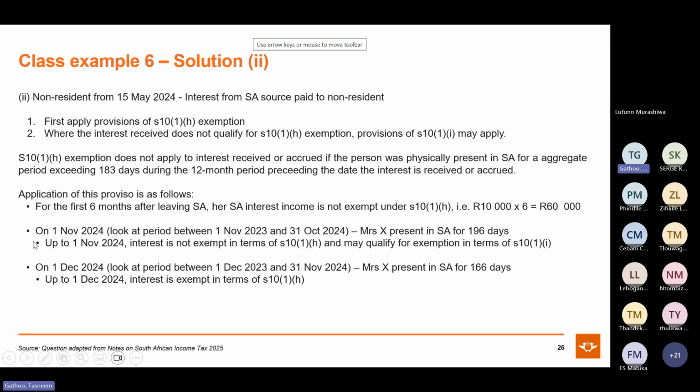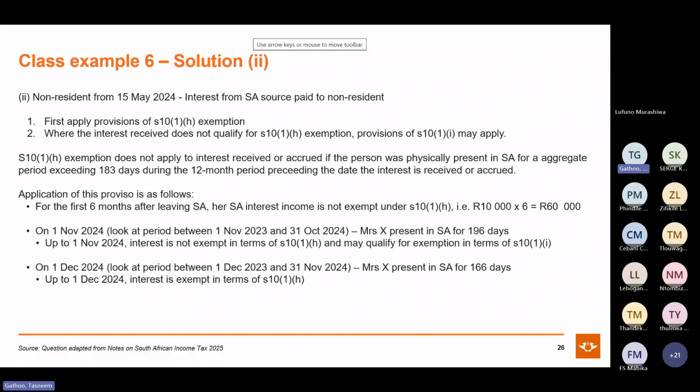So we're saying from the 1st of November, now let's look back, right? In order to determine whether she was present in South Africa for the interest that accrued to her on the 1st of November, we need to look at the 12-month period preceding that, which would be the 1st of November 2023 to the 31st of October 2024.